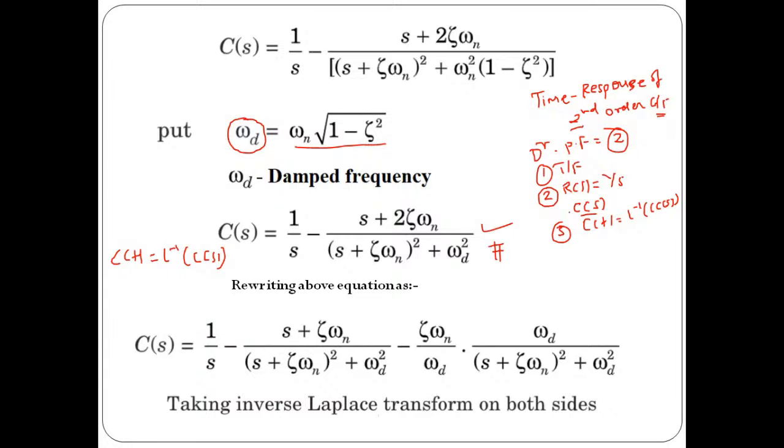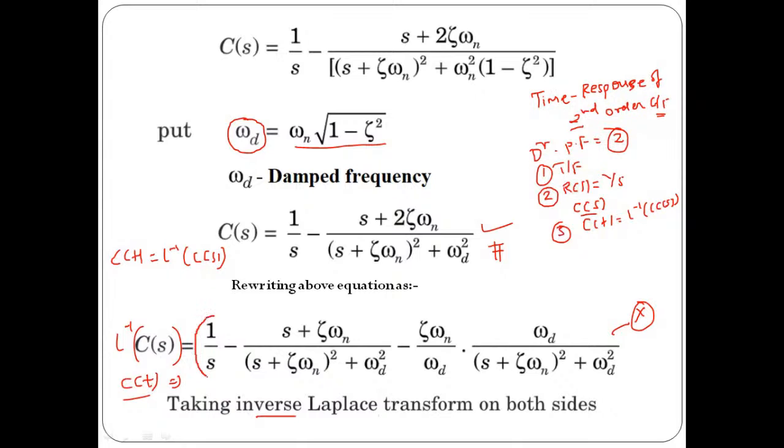By taking Laplace inverse on both sides, let's say this is an intermediate equation, say x. This equation x is a kind of equation to which we can apply Laplace inverse directly. The moment we take Laplace inverse of c of s, it gives small c of t.